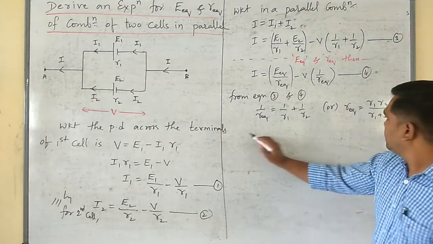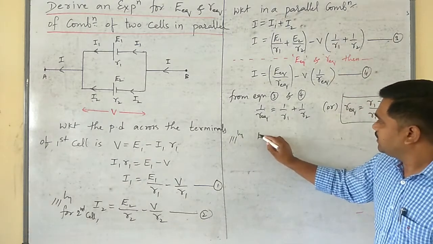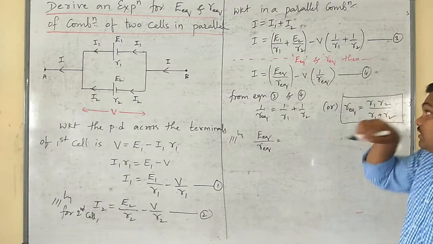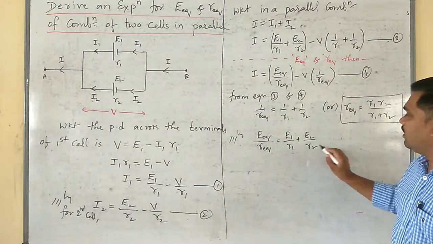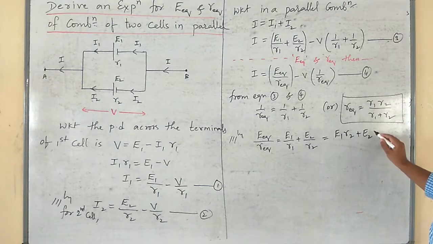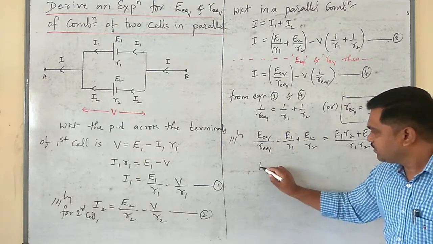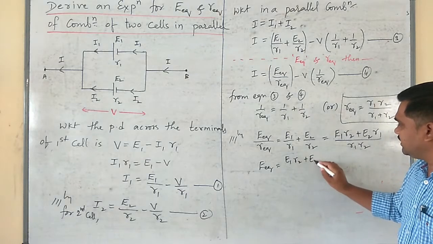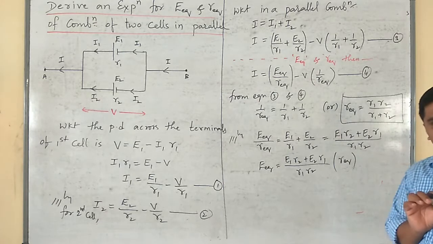Similarly, E equivalent divided by R equivalent is equal to E1 by R1 plus E2 by R2. It can also be written as (E1 R2 plus E2 R1) divided by R1 R2. We want only E equivalent, so it becomes (E1 R2 plus E2 R1) divided by R1 R2, into R equivalent.